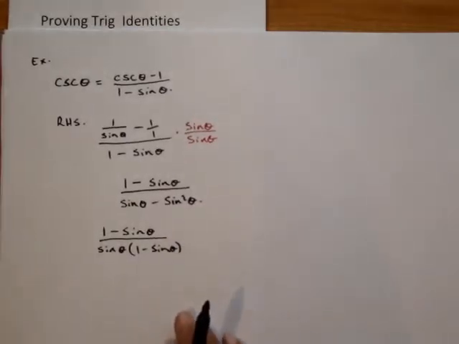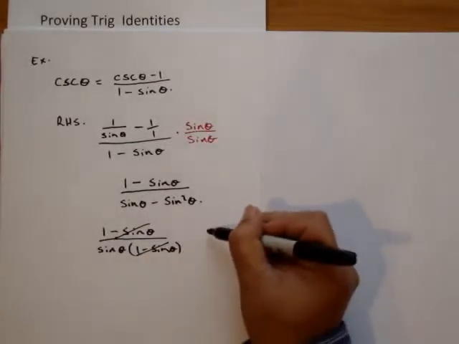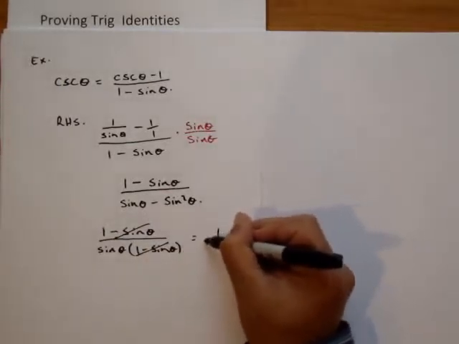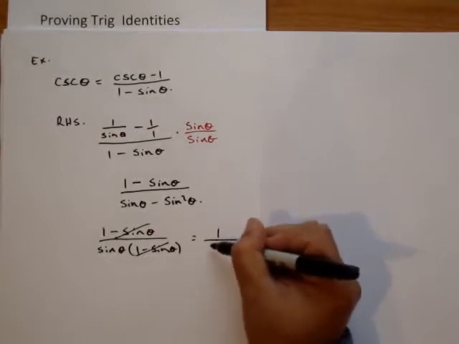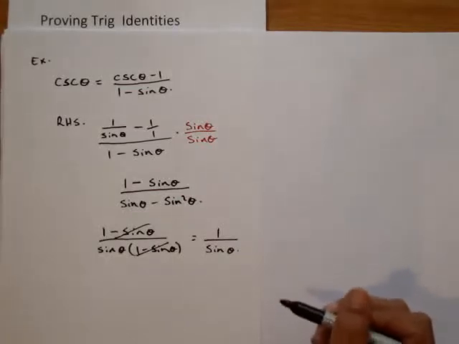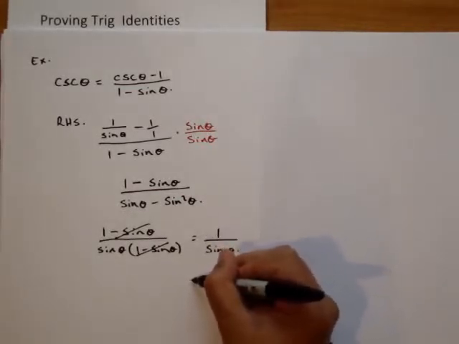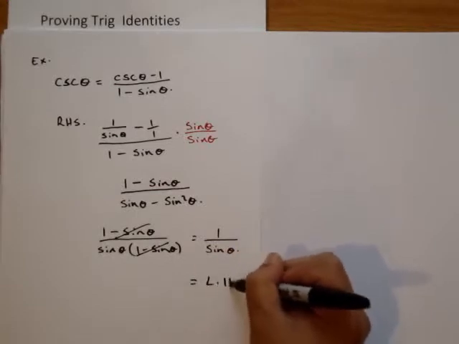This 1 minus sine theta cancels with the top to give 1 over sine theta, and 1 over sine theta is cosec theta, which is the left hand side.